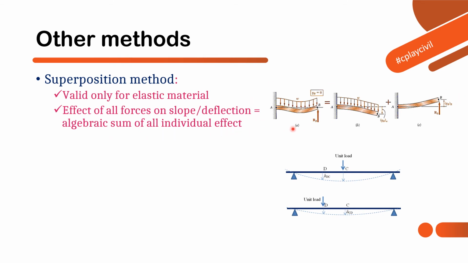For example, in this propped cantilever beam subjected to UDL, if we want to find RB, that is the reaction at B, then we know the formula for deflection at B due to UDL, and similarly we know the formula for deflection at B due to a point load at the end. So when we add both together, we will get the answer for the reaction. So this method is called the superposition method.